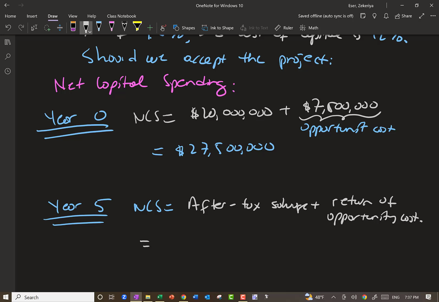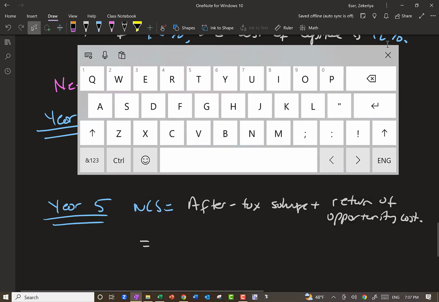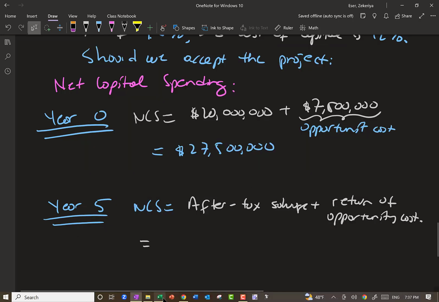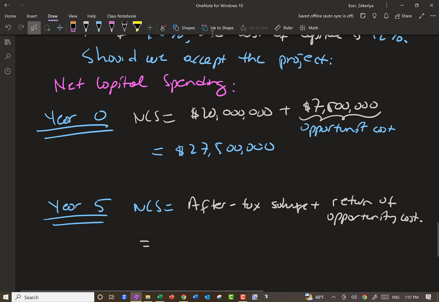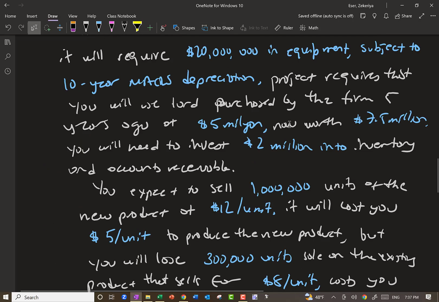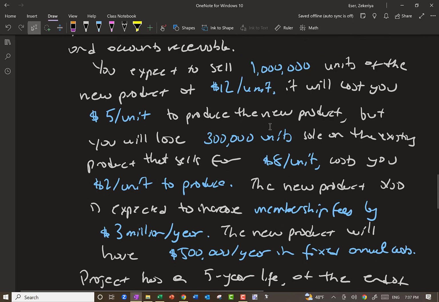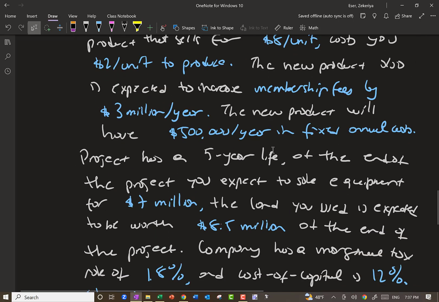So let's first calculate that after-tax salvage using our template. We bought this thing at 20 million. We are selling it at how much? $7 million.